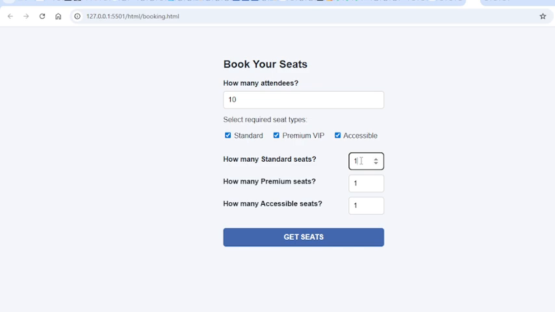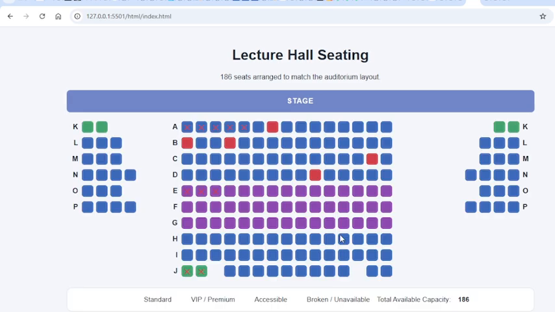And depending on the number of people that I had selected, I would enter how many seats are needed per seat type, and then it would get seats and assign seats. So we had 5 standard seats from the group, 3 VIP, and of course the 3 disabled seats.